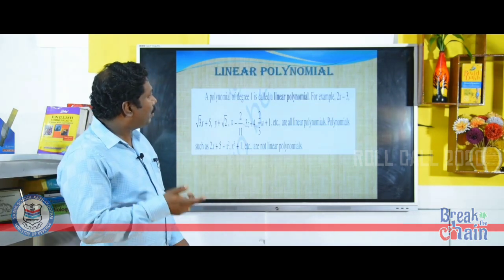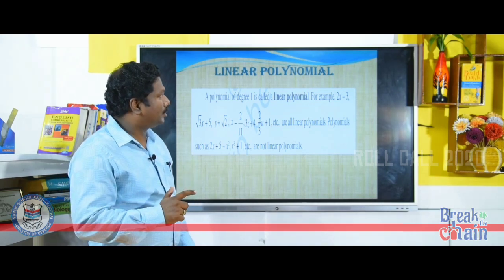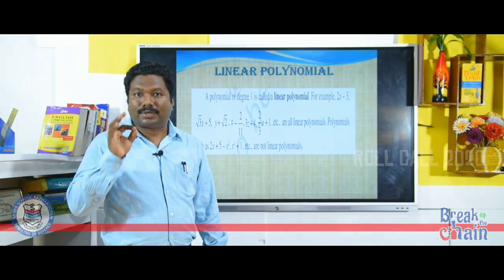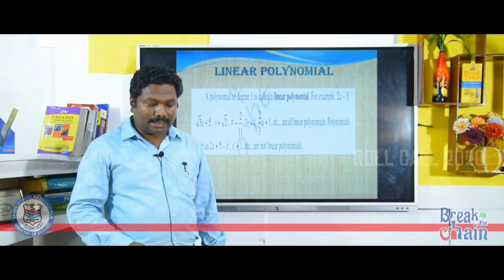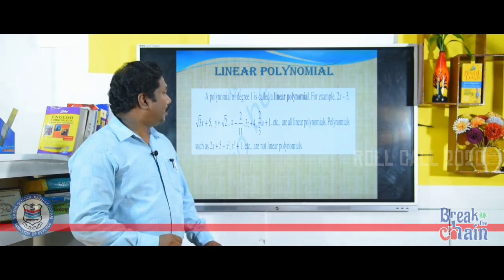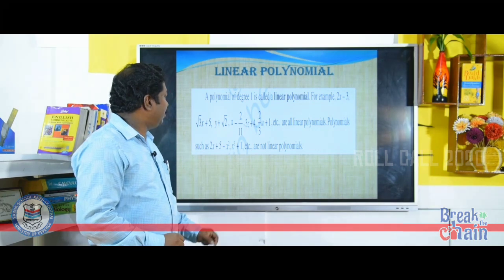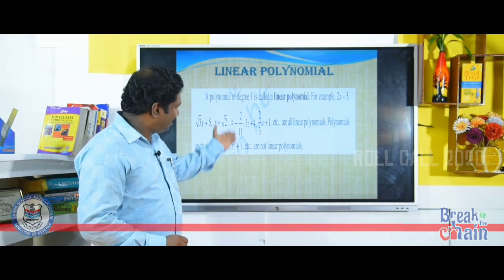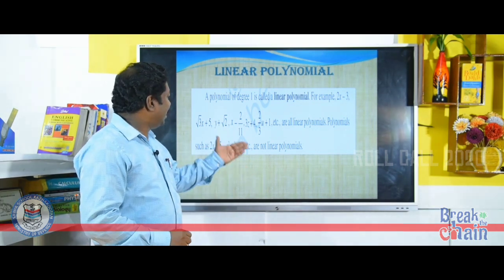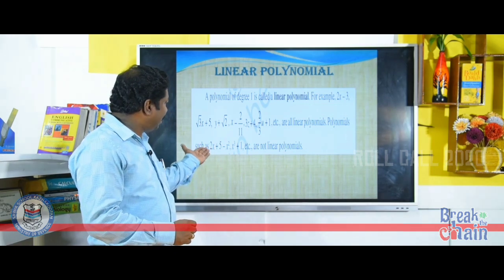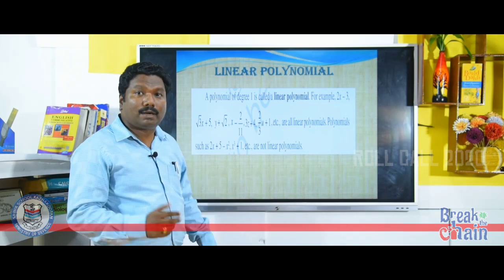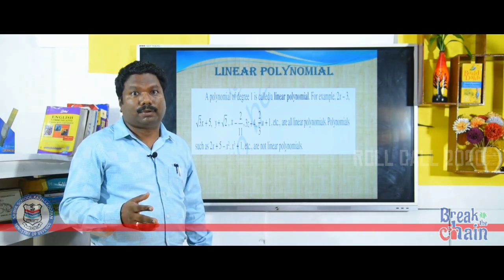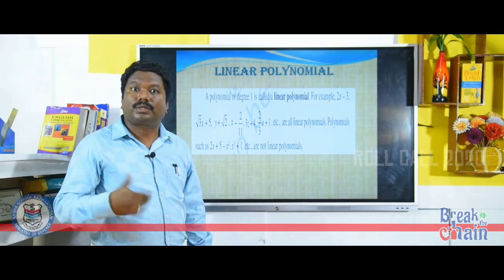A polynomial of degree 1 is called a linear polynomial. First degree polynomials are generally called linear polynomials. Here are some examples: root 3x plus 5, y plus root 2, x minus 2 by 11. These are examples of linear polynomials. But 2x plus 5 minus x square, and x cube plus 1 are not linear polynomials, as their powers are more than 1.